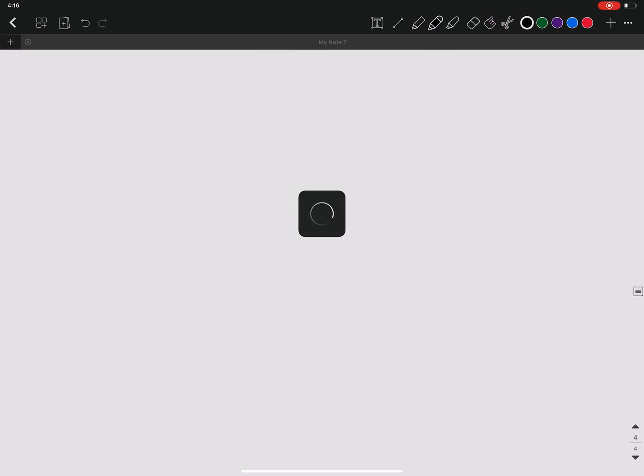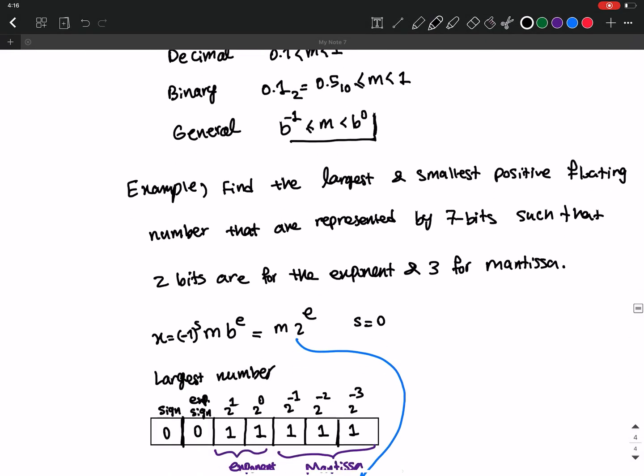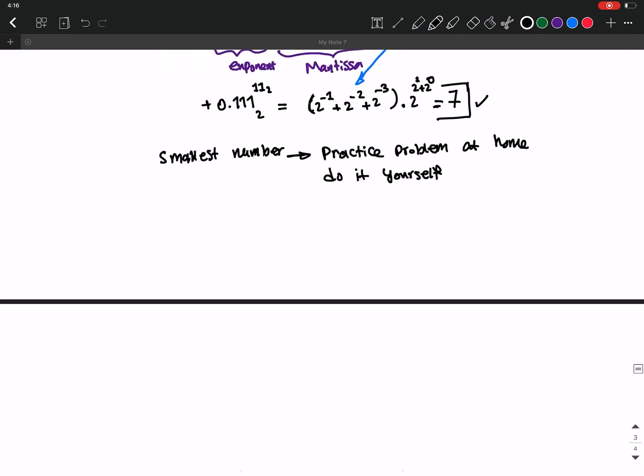Okay, so now I want to talk about arithmetic operations. How do we add, subtract, multiply or divide these floating numbers?